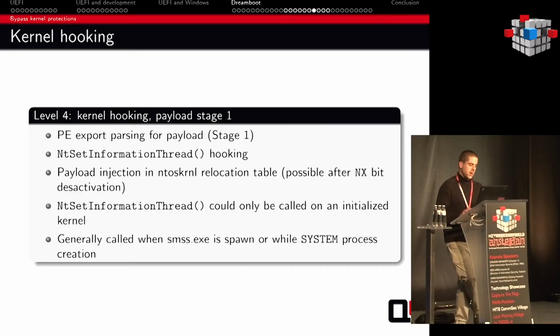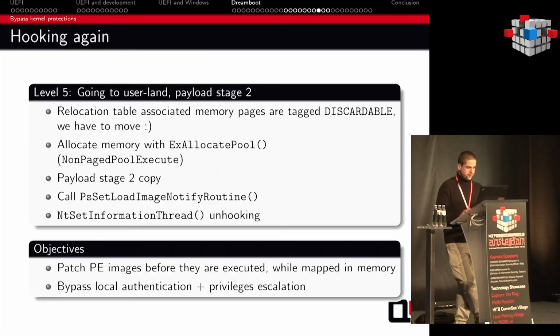It's maybe the first process which calls this API. So now the kernel has been initialized. First userland processes are launched. So we break into the hook in NtSetInformationThread.